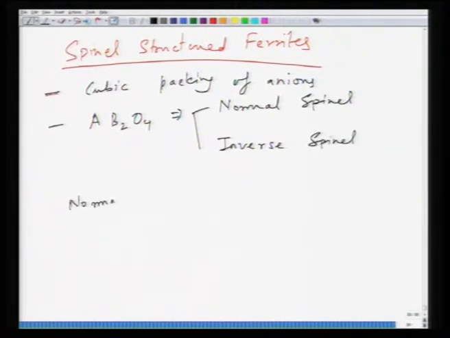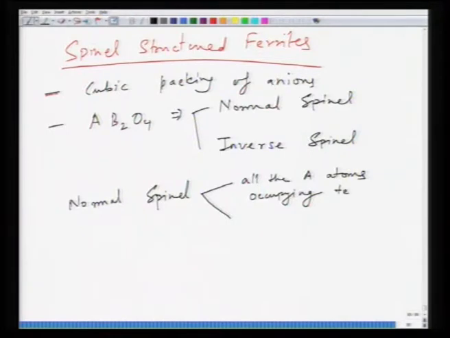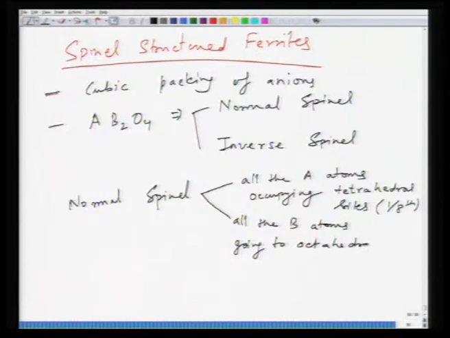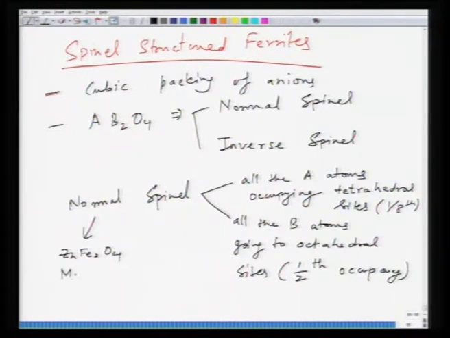In the case of normal spinel, you have 1/8 occupancy, and all the B atoms go to octahedral occupancy. Examples of normal spinel structures could be zinc ferrite, magnesium aluminate, cobalt aluminate, etc.